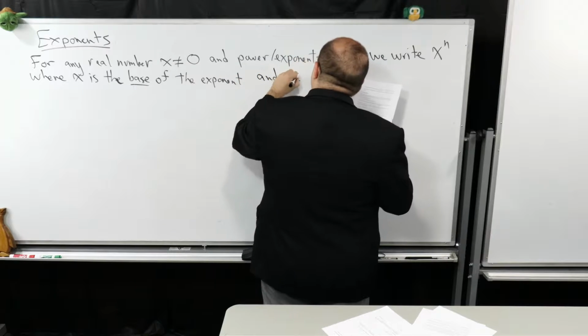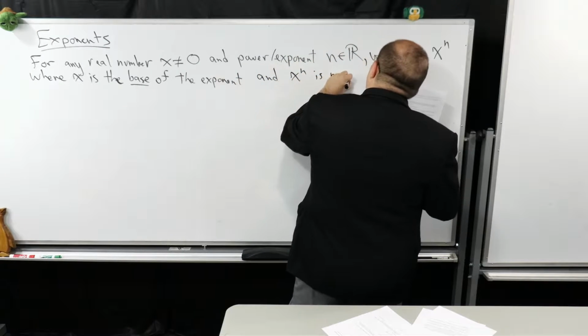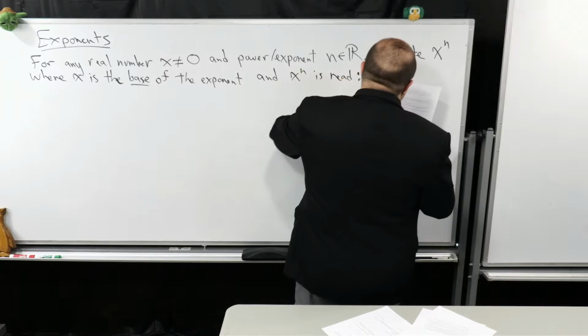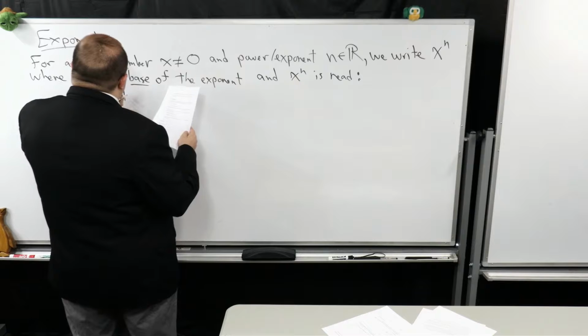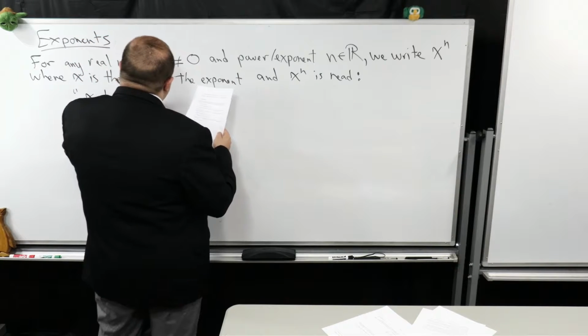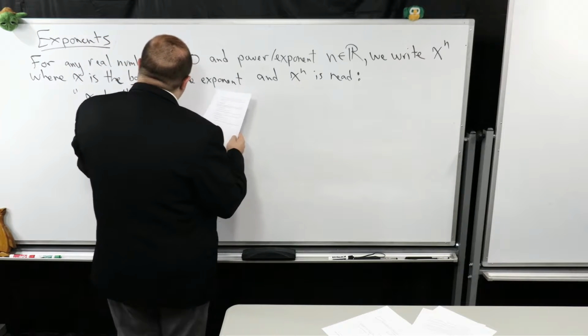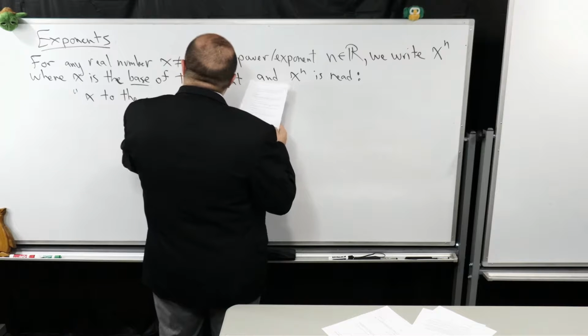And x to the n is read as follows. You could read it in a couple different ways. You could read this as x to the power of n.